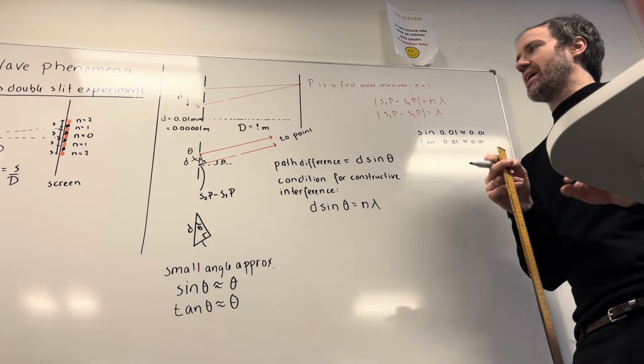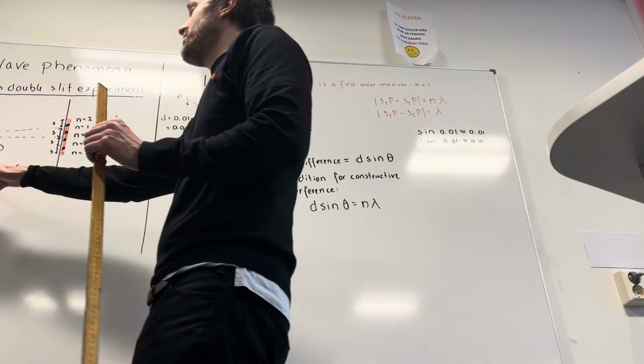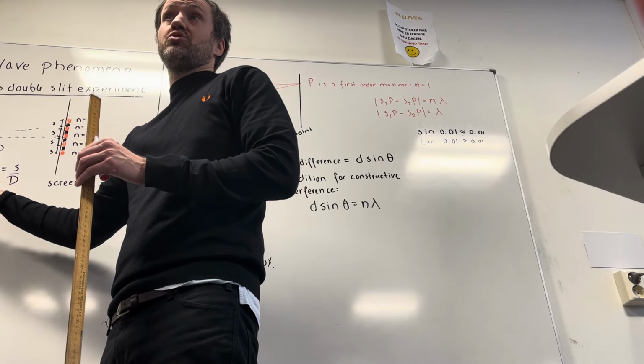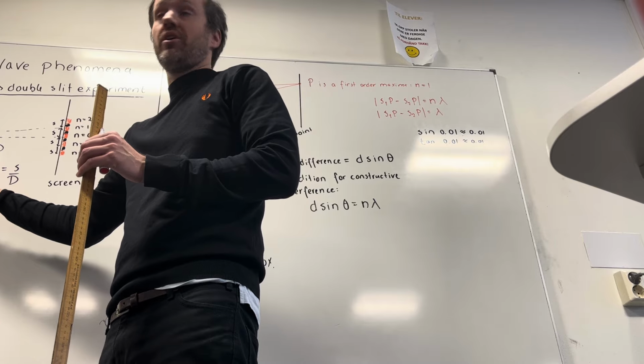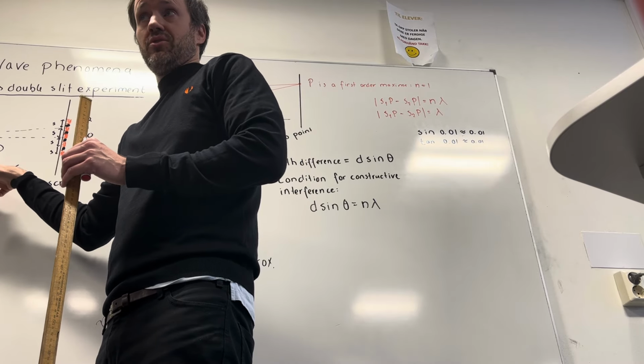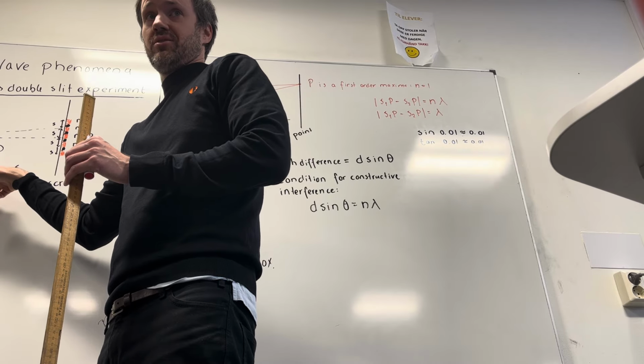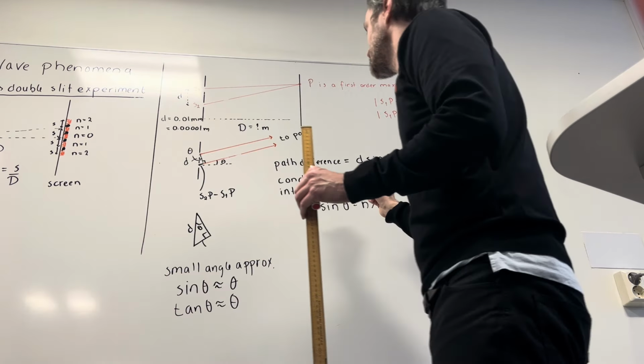So that means that if the angle is small, theta equals this. We have two forms.